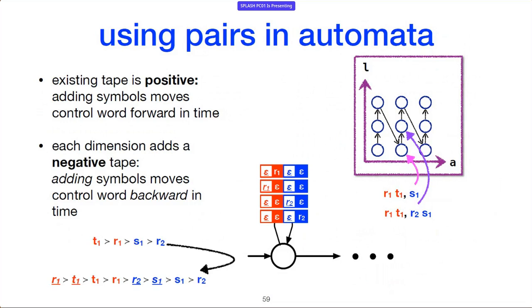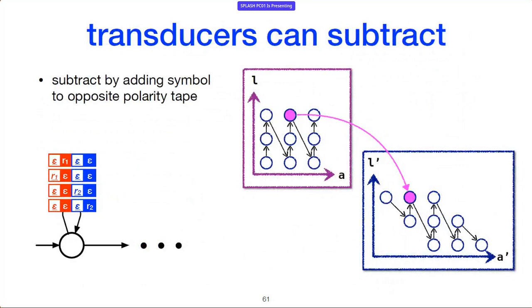This is the way that all the ordering works out. Don't worry about the details. Fundamentally, though, if I take this purple iteration and I add a negative R2 symbol to it, it basically has the effect of giving you the control word for the pink iteration and moved backwards in time, even though I added a symbol. And now I can subtract with transducers.